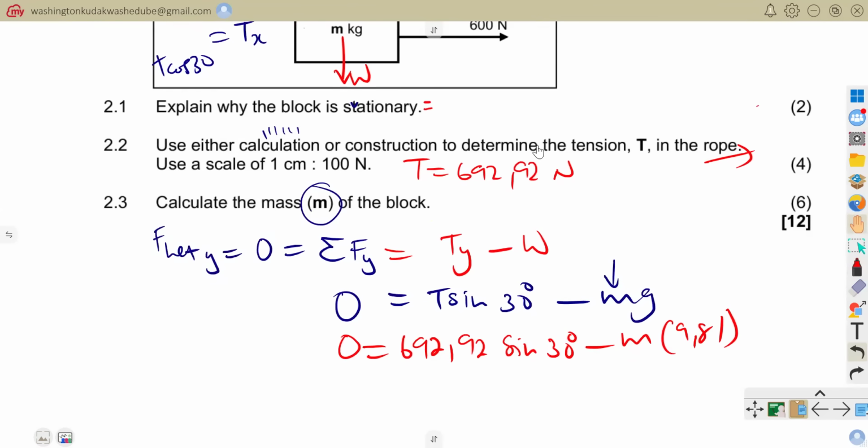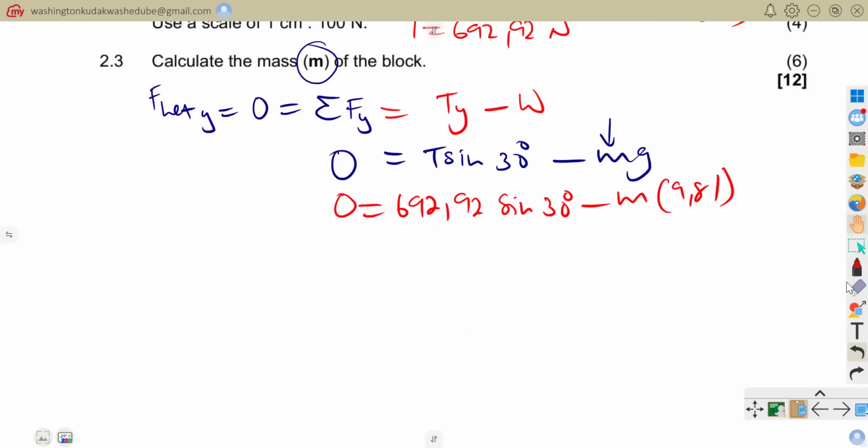Given that, I can now find my mass by saying this. My mass times 9.81 would be equal to, I'm just transposing this to the other side. I've transposed this to the other side, and then it becomes a positive.